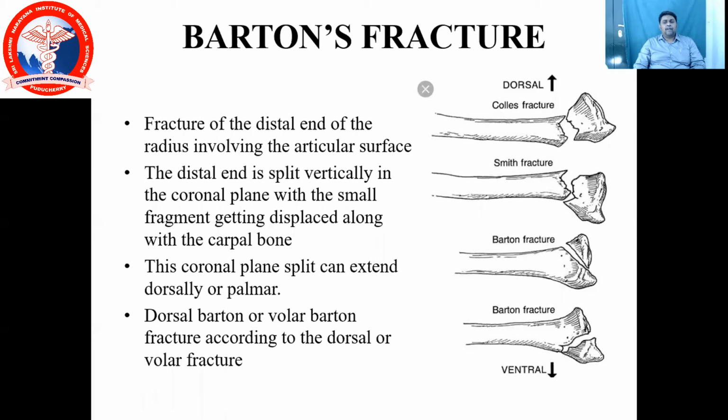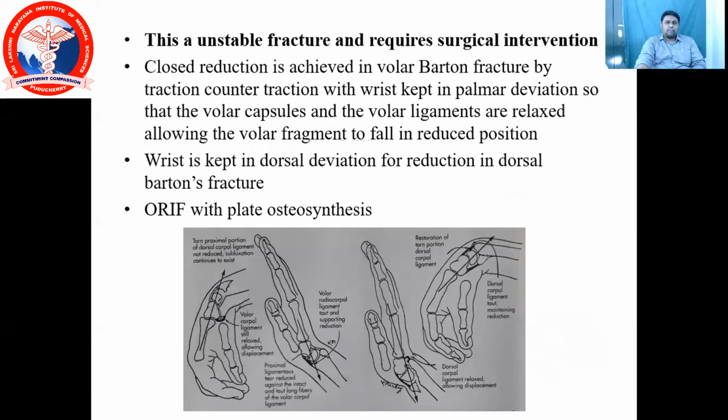Whenever the fracture line exits dorsally, it is called a dorsal Barton fracture. Whenever the fracture line starts from the intra-articular plane coronally and exits through the volar surface of the distal radius, it is called the volar Barton fracture.